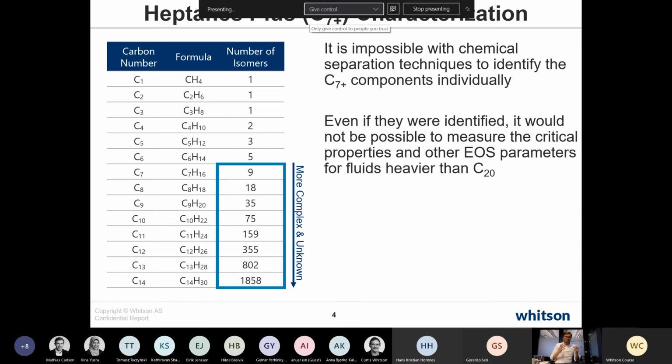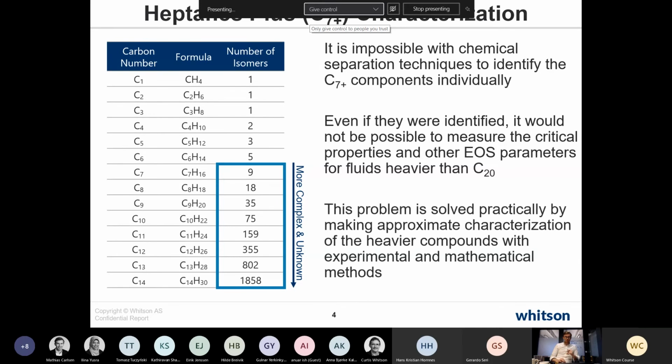And even if they were identified, it would not be actually possible to measure the critical properties and other EOS parameters for the fluids that are heavier than C20 plus or something around that number. And this problem is solved practically by making approximate characterization of the heavier compounds with experimental and mathematical methods.